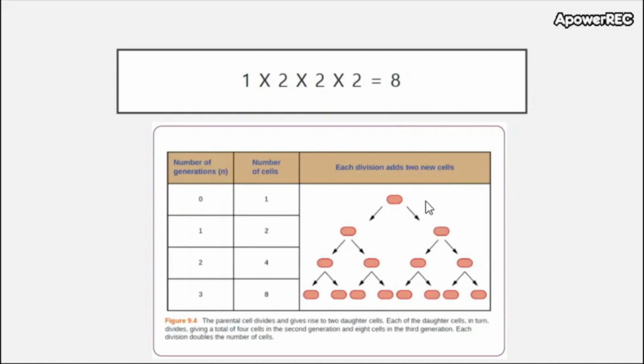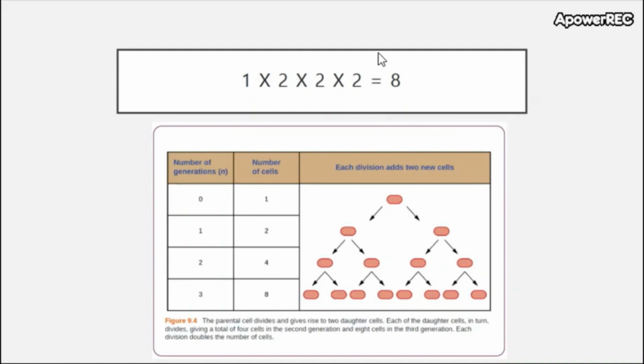So it's 1, and our pair of arrows for doubling is times 2, and then 4 arrows, so we're going to times it by 2 again. And then 8 arrows, we're going to multiply it by 2 again. So in our answer, we had 8 cells after 3 generations. That's because we take our founding cell, which is 1, and multiply it by 2, times 2, times 2, and our final number of cells is 8. And we can extend this out as long as we want to.